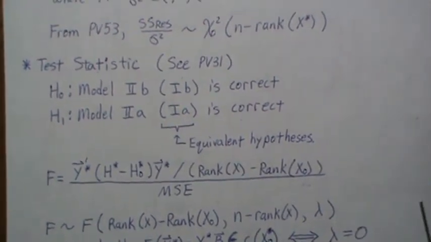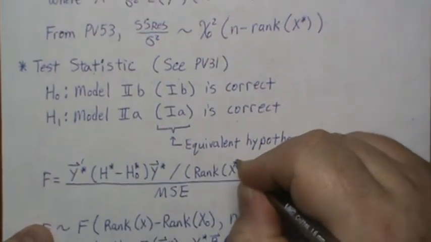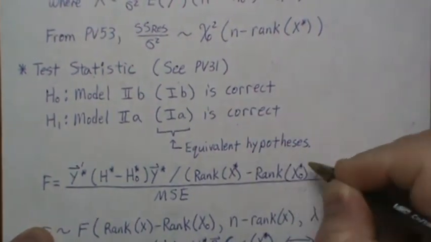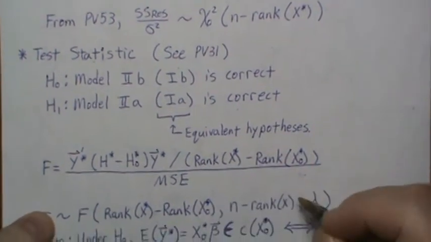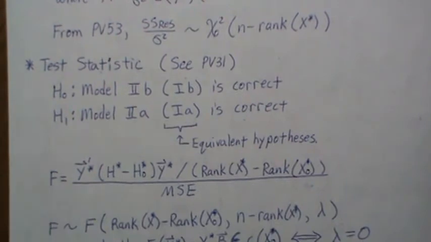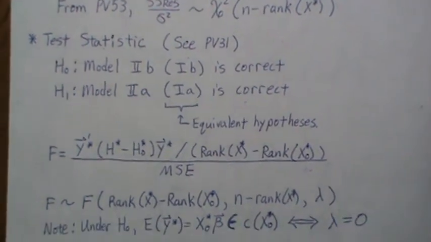And I'm pretty sure that this should have stars here. And non-centrality parameter lambda.